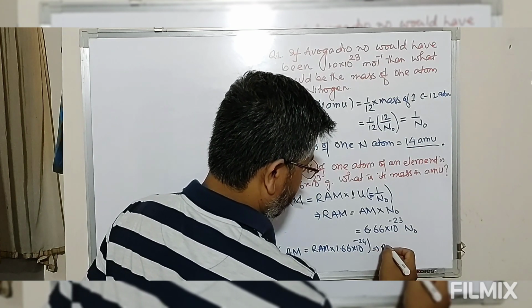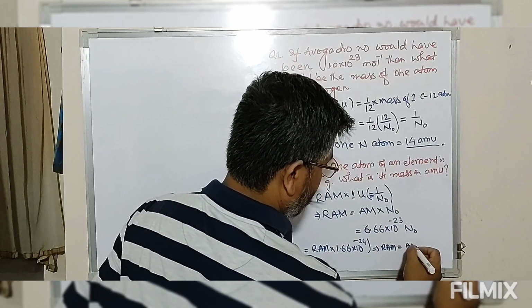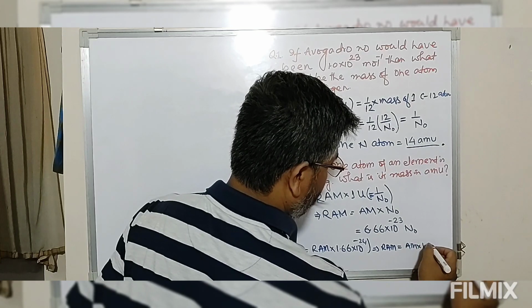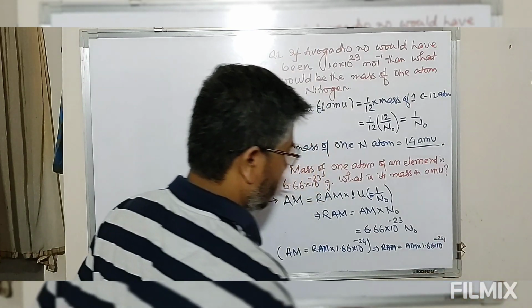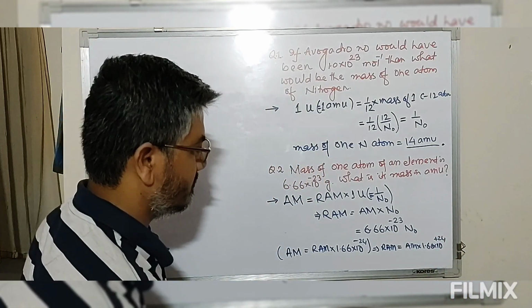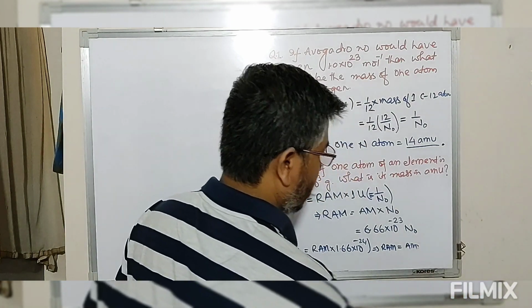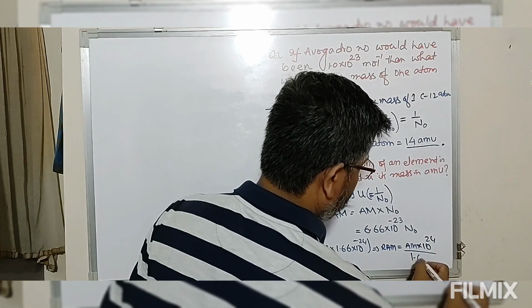Therefore we can say relative atomic mass is equal to absolute mass into 10 to the power 24 divided by 1.66.